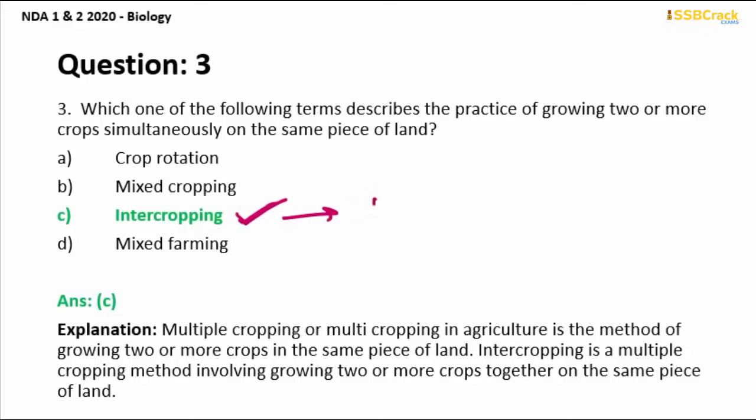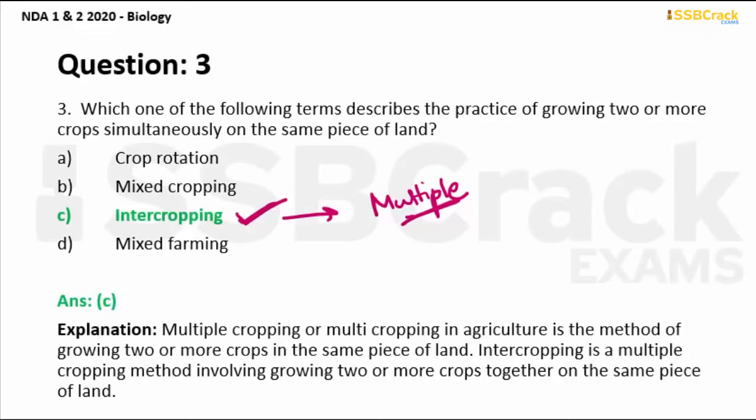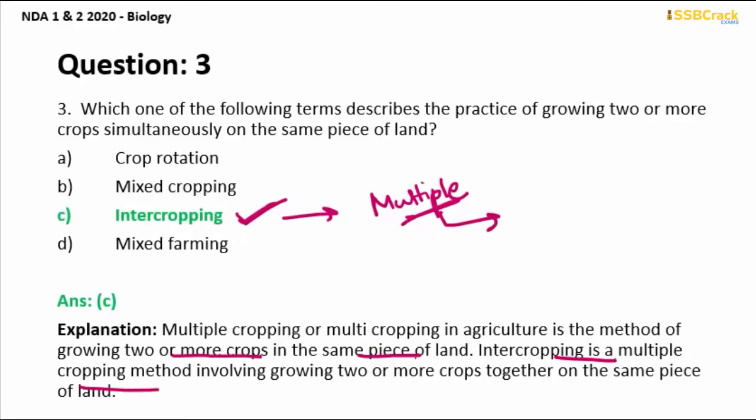It is a part of multiple cropping. So what is multiple cropping? Multiple cropping in agriculture is a method of growing two or more crops in the same piece of land. So intercropping is a multiple cropping method which involves growing two or more crops together on the same piece of land.